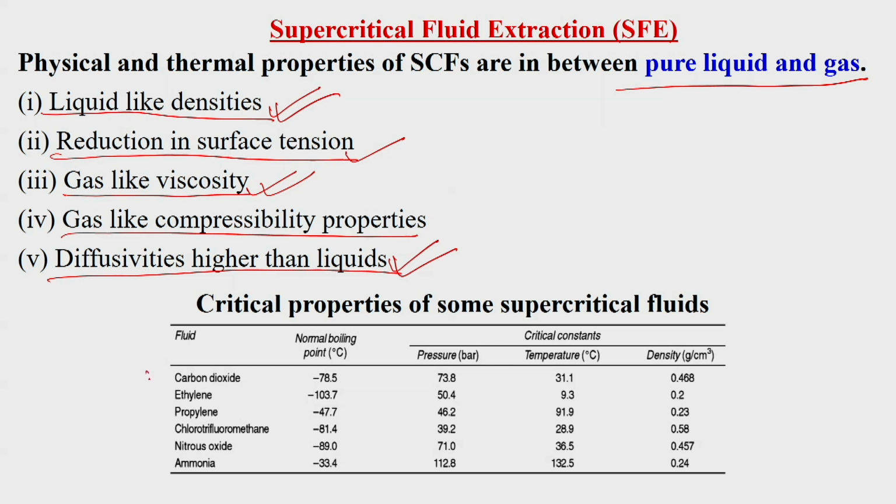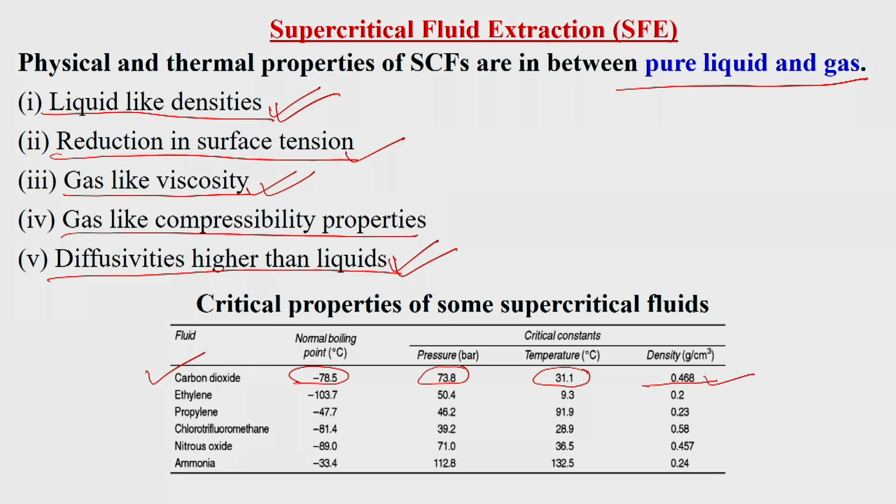If we talk about carbon dioxide, its normal boiling point is minus 78.5 degrees Celsius, its critical pressure is 73.8 bar, its critical temperature is 31.1 degrees Celsius, and its critical density is 0.468, which is not so high.